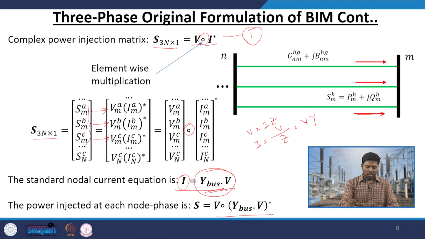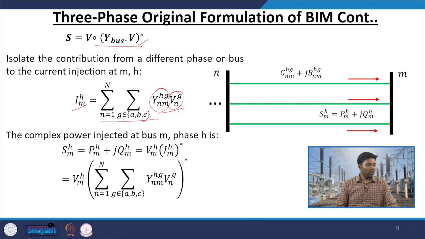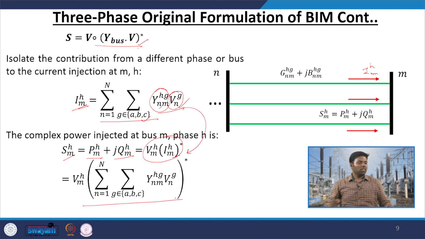Y bus into V, the same thing we wrote here, your Y and your V. If you add both of them, then you will get the current what you are feeding over here. Okay. So, the same thing we will do with the power as well. So, S_m^h, that is your apparent power, is equal to your active power plus j multiplied with reactive power, that equals your voltage and the current complex conjugate. Put this value into this equation and you will come up with this equation.